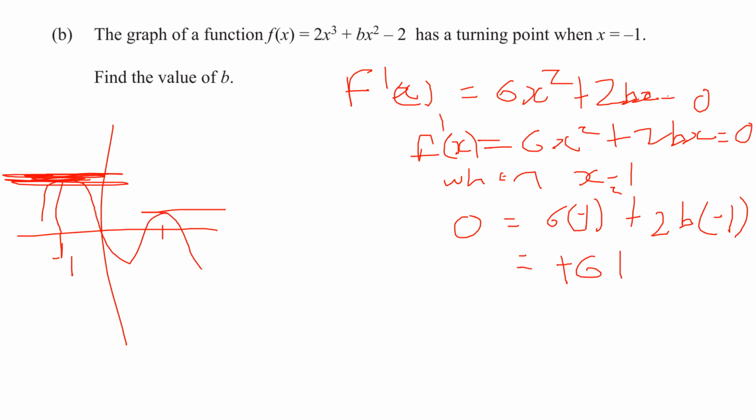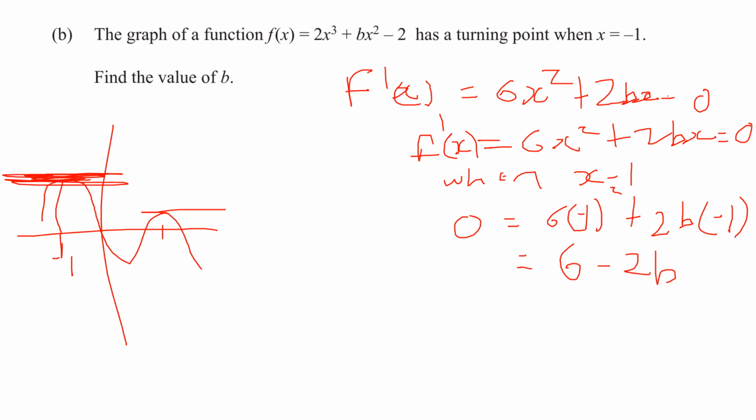Let me just write this so that it makes a bit more sense. Okay. So this then becomes 6 minus 2b. Because minus 1 squared is 1, and then this negative multiplies into everything and makes it negative.